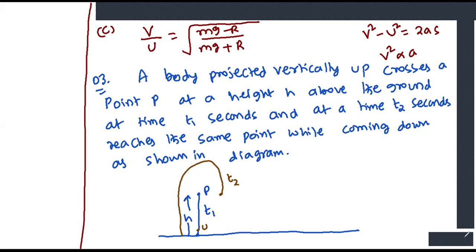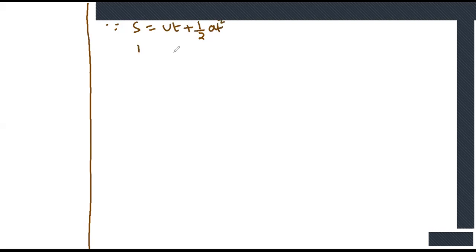Now see, the body is projected vertically up to a point P at a height h above the ground. That means it is projected with an initial velocity u. So we can write, using the principle s equals ut plus half at square, that h equals ut1 minus half g t1 square.